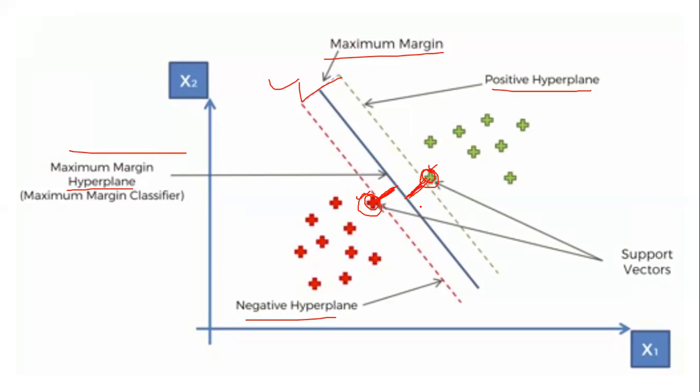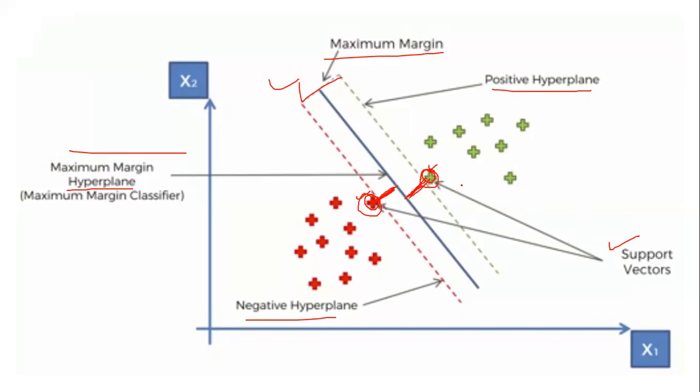And these two vectors, which are responsible for defining the margin, in a way support the best hyperplane, right? So these two data points are called support vectors. These are actually data points, but in machine learning terminology, all the data points are referred to as vectors, right?